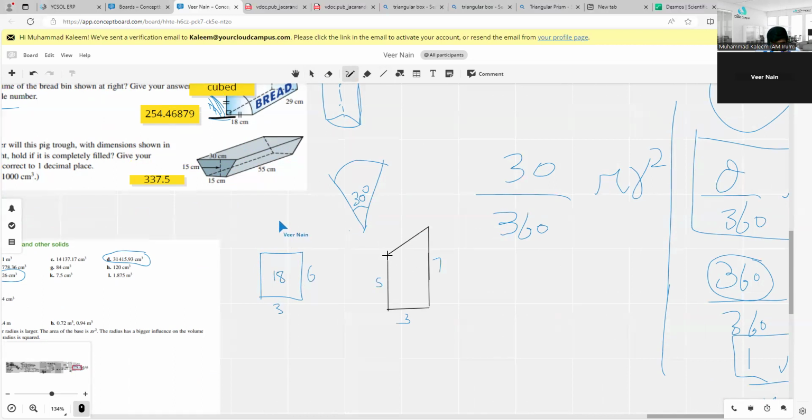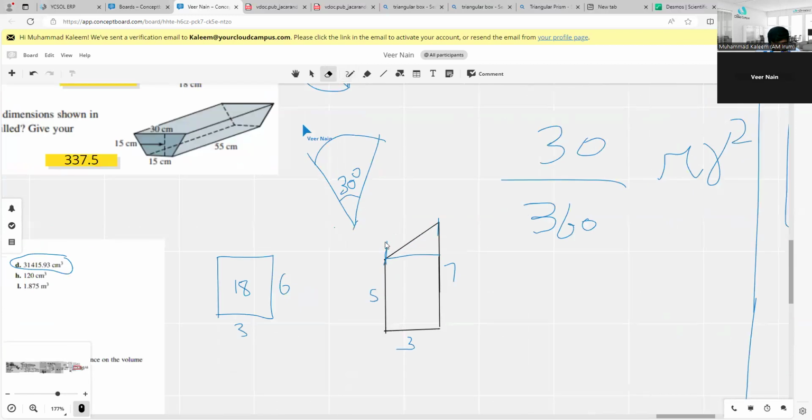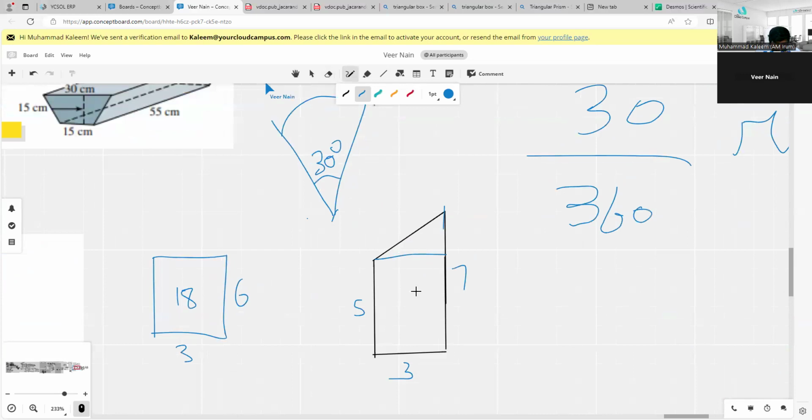So firstly, we want to convert this into a rectangle. How can we convert it into a rectangle? I just have to extend this line and reduce this length down. Couldn't you just make a line like that? Yes, we can. But in that case, we have to find the area of this triangle later. So we have a rectangle with this side 5 and this side 3, so 5 times 3 is 15.